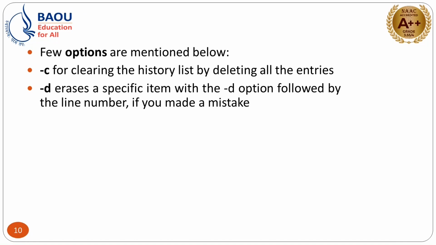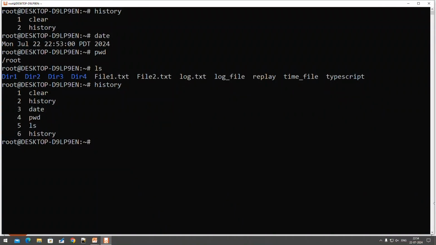For example, suppose you want to remove the date command from the history. The date command is at the third position. So you write the history command, then -d, and then that particular number. I am pressing 3, so only that command will be deleted.